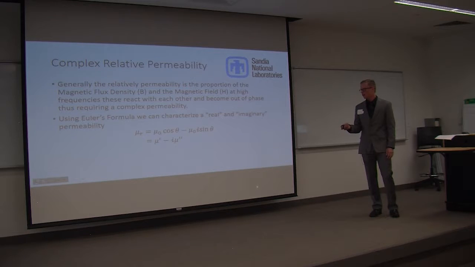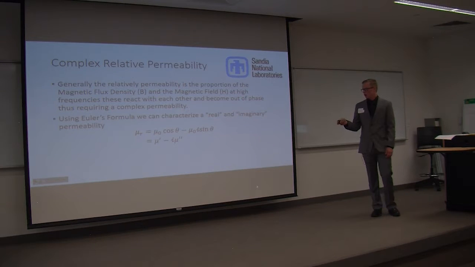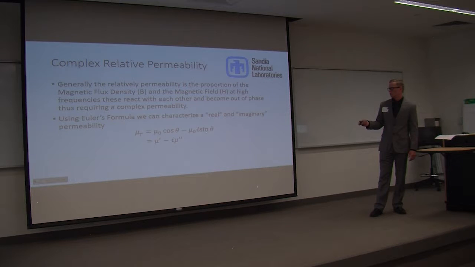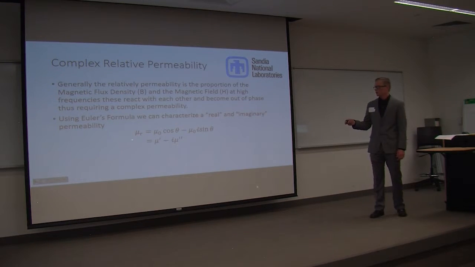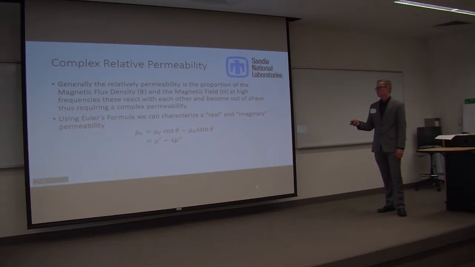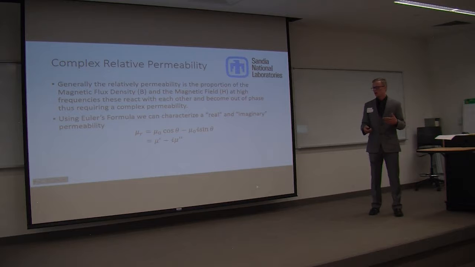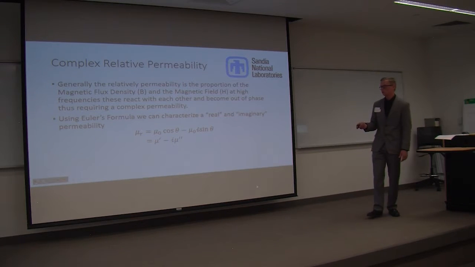To find the imaginary and real permeabilities, we can use Euler's formula, which gives us the ability to find both. Here is the regular permeability, which was 2,500, and mu sub 0 cosine theta, which is the real part, where mu 0 is a constant of science, the permeability of free space, or 4 pi times 10 to the negative 7th henries per meter.